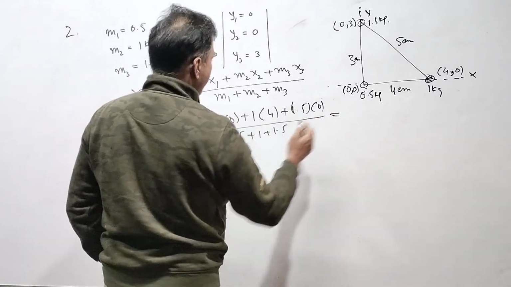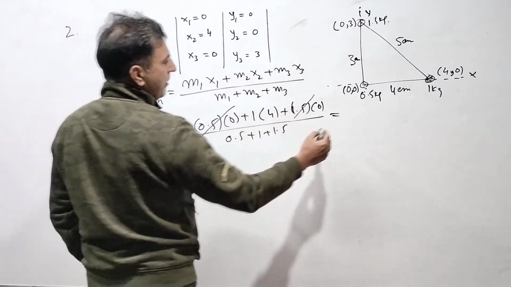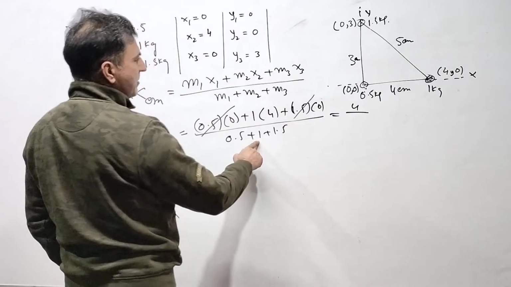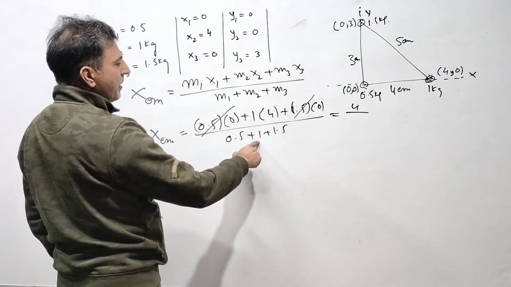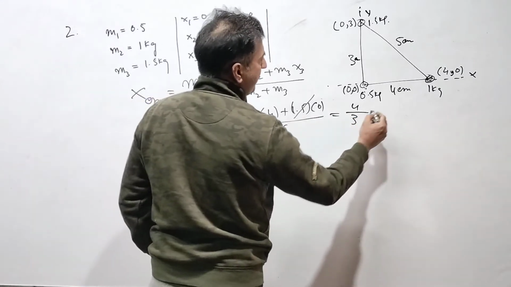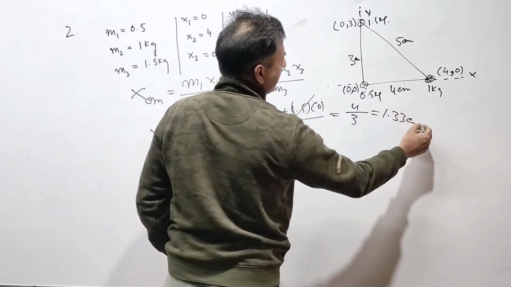So that will become 0, 0, 4, divided by 3 kg, that is 1.33 centimeters.